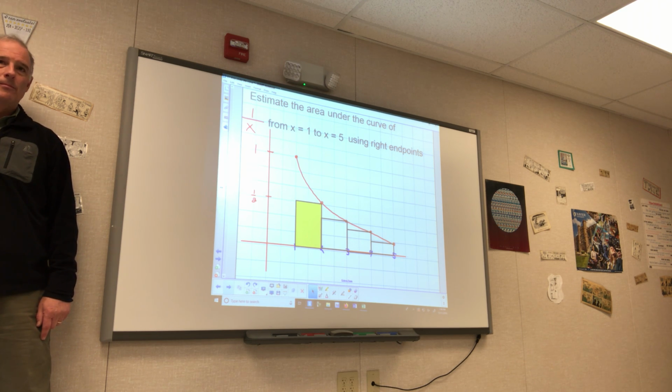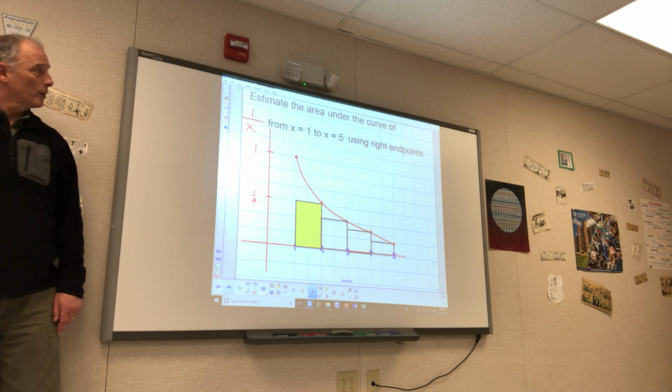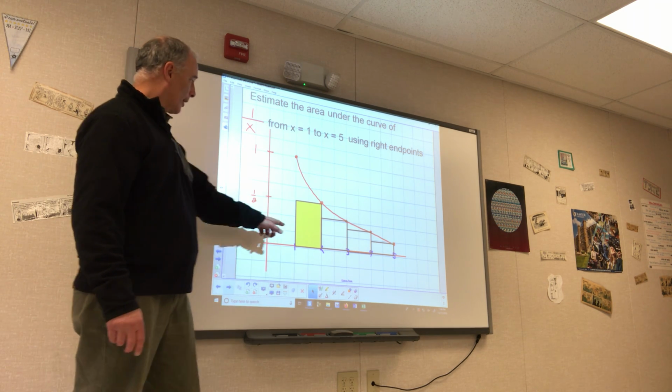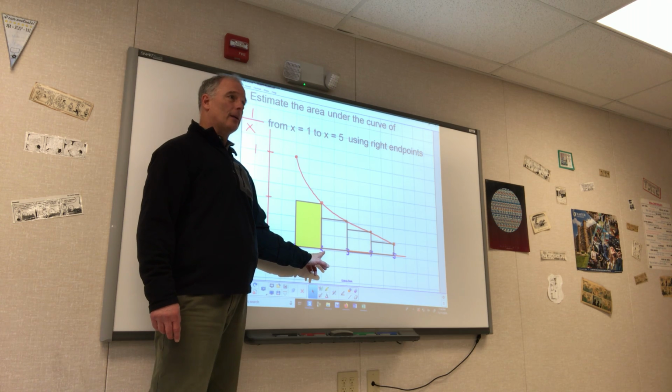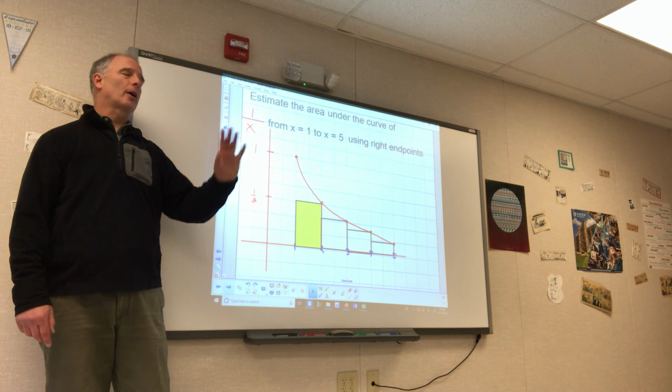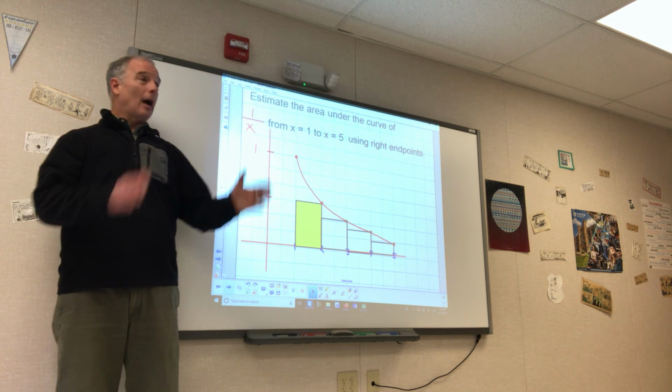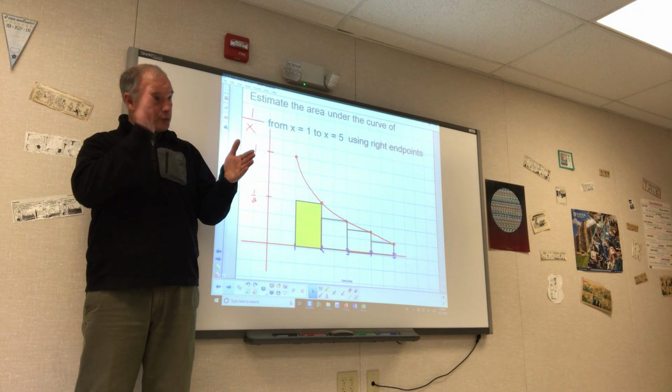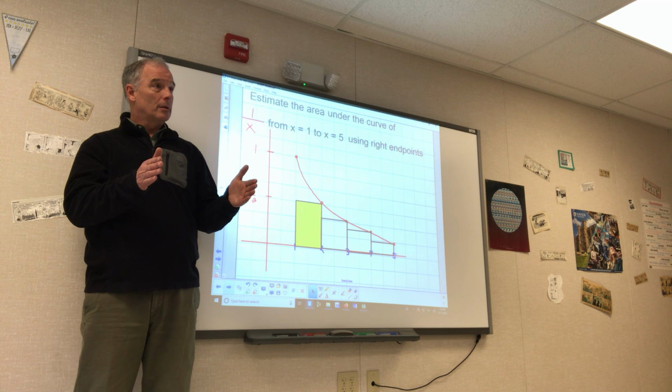Are you supposed to start at 2 though? No, I'm doing right-hand approximation, but the first interval is from 1 to 2. I use the function value at 2, but the rectangle starts at 1.